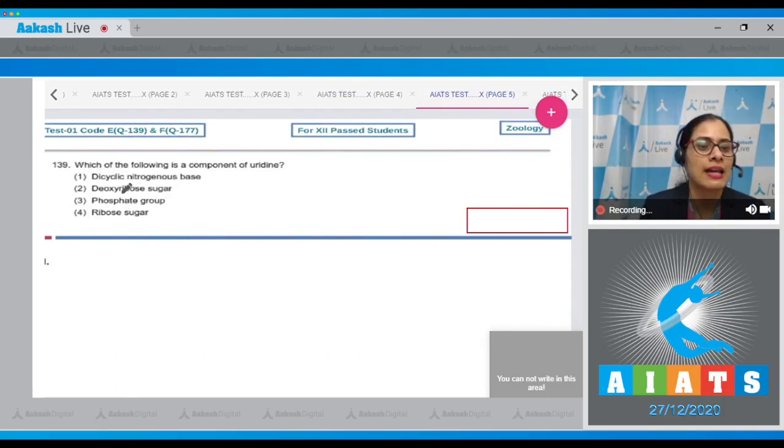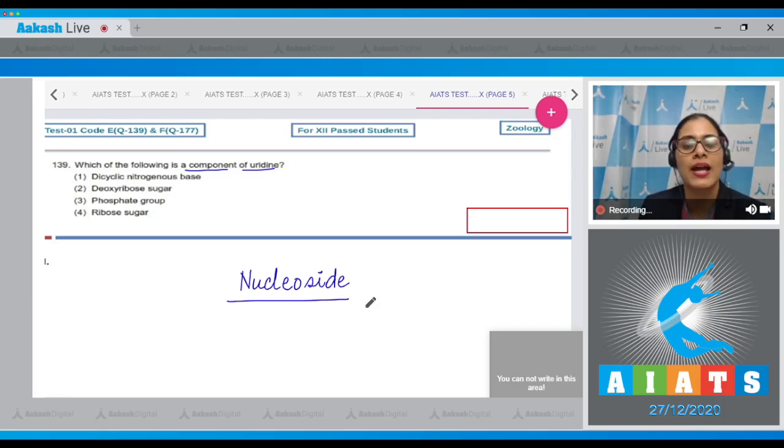Question number 139. Which of the following is a component of uridine? Uridine is a nucleoside. Uracil molecule, when joined to the sugar molecule by a glycosidic bond, forms uridine. So this is uracil.